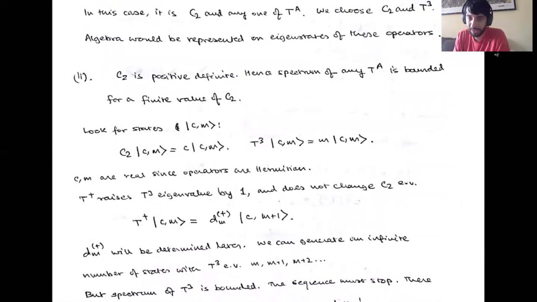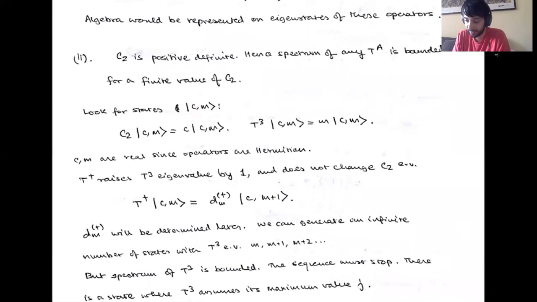We are going to label these states by C and M, where C2 is the eigenvalue of the state and M is the T3 eigenvalue of the state. Since C2 and T3 are Hermitian, C and M will have to be real as well.